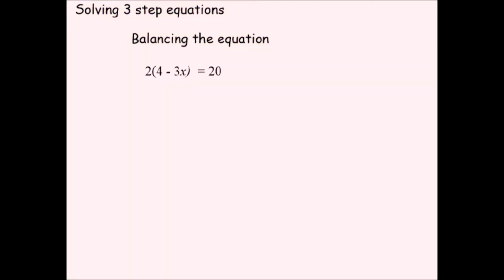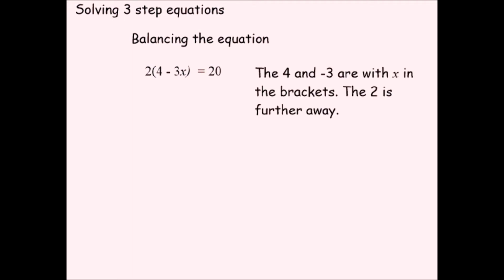Alright, last example, we've got 2 bracket 4 take 3x equals 20. So once again 3 numbers. So what number is further away from x? Well, the 4 and the negative 3 are with x inside the bracket, and therefore the 2 is considered to be further away, and that we will undo first.